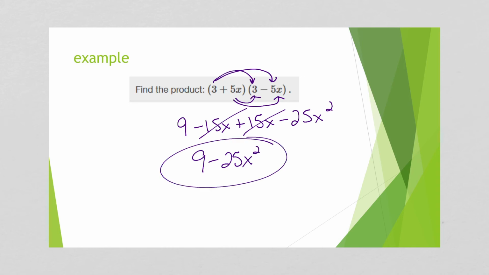By the way, whenever you're marking through these, do yourself a favor and make a conscious decision to look at the signs in front of the numbers. I see students all the time just mark things out and don't really pay attention. I mark them out because this one's a minus and this one's a plus.